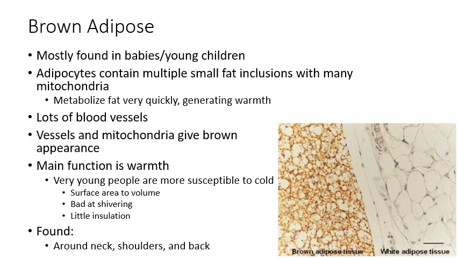So the brown adipose tissue is crucial to maintaining their body temperature when they're so young. You can find that usually around the neck, the shoulders, and the back of babies or very young children.